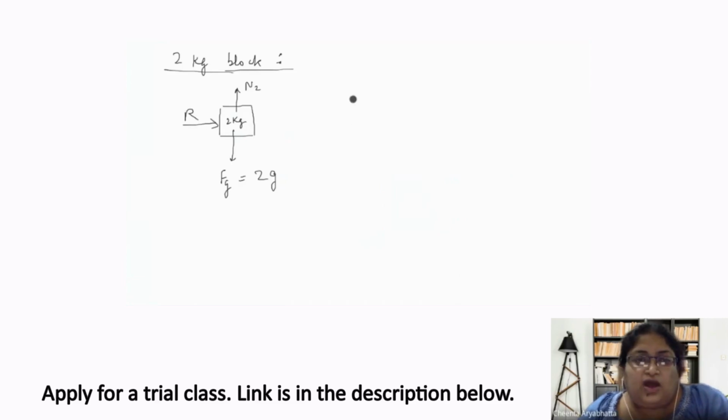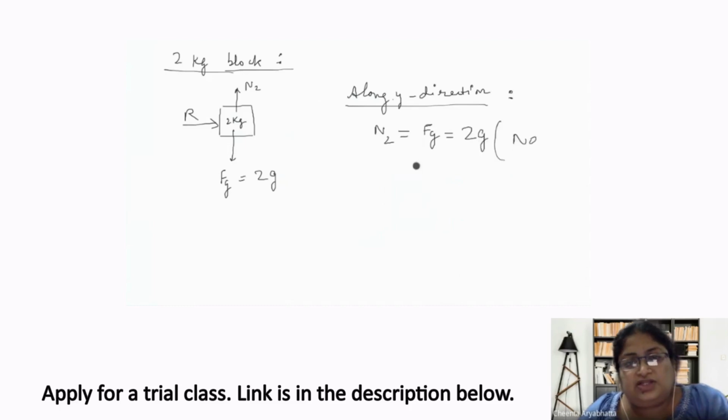So now along the y direction, these two forces are cancelling, right? N2 will be equal to Fg, which is equal to 2g, no acceleration in y direction. So the net force is 0.